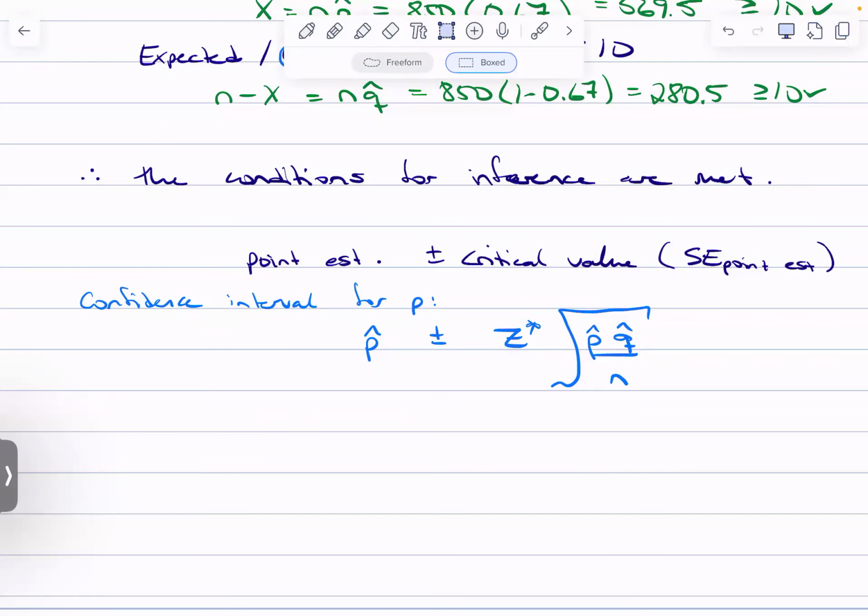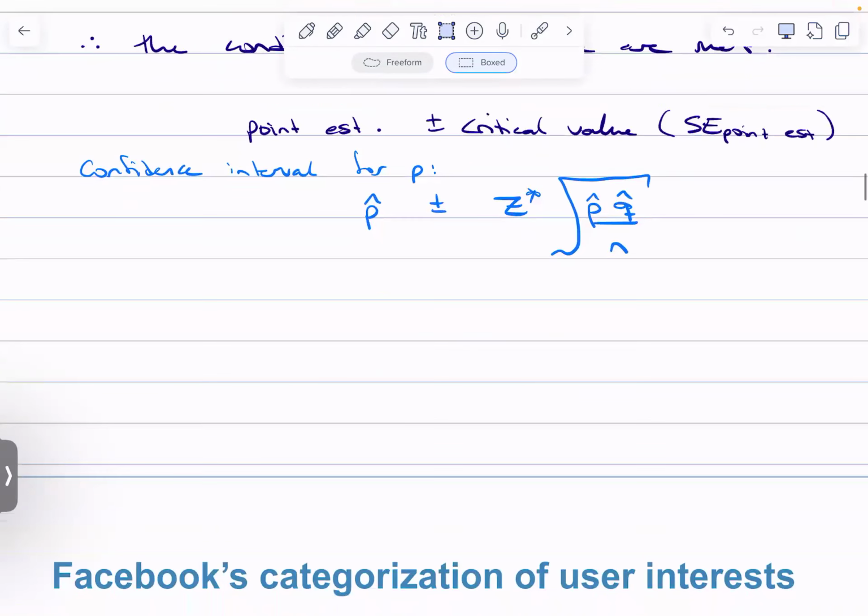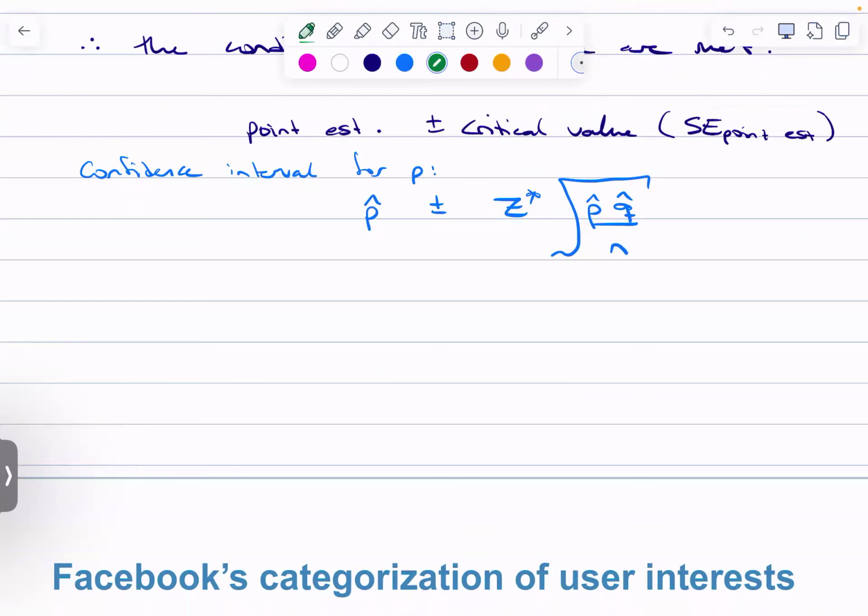Let's fill in what we know and then maybe backtrack to the Z star. We know that P hat is 0.67. So here we're given that P hat is, oops, that doesn't look like a hat, 0.67.